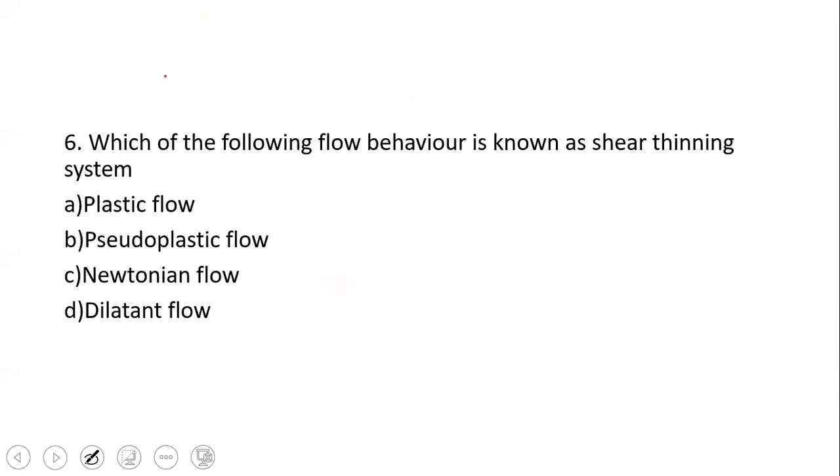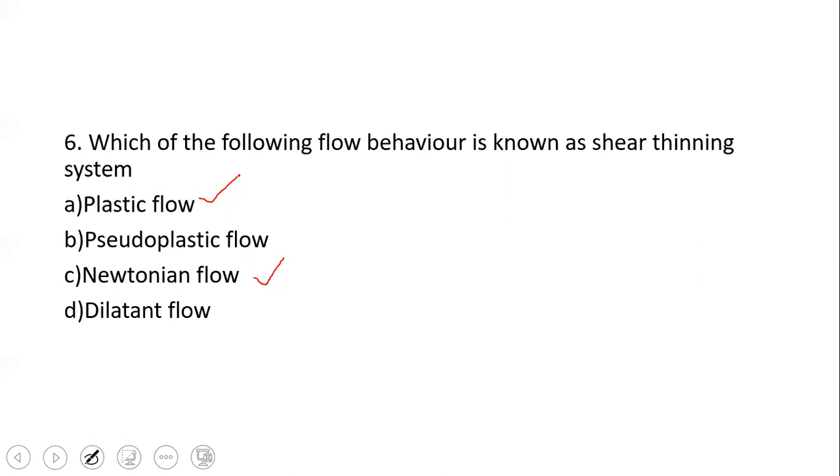Which of the following flow behaviors is known as a shear thinning system? Option A, plastic flow. Option B, pseudoplastic flow. Option C, Newtonian flow. Option D, dilatant flow. We have seen Newtonian flow, and plastic flow, which flocculated suspensions show.